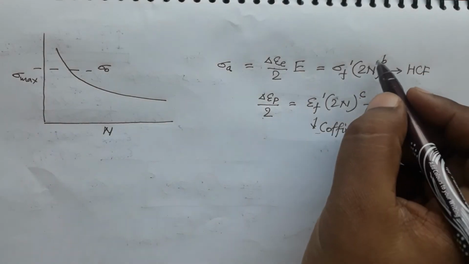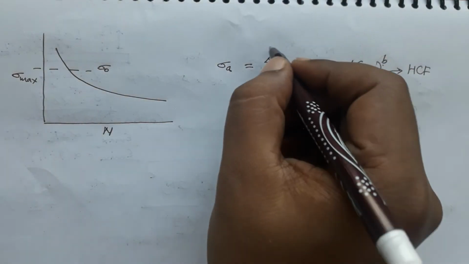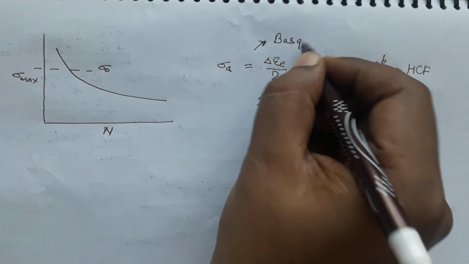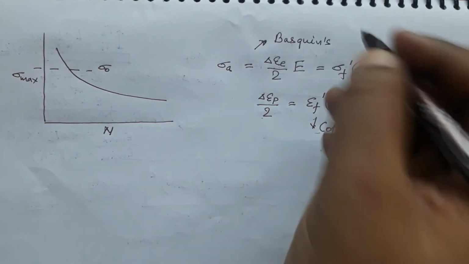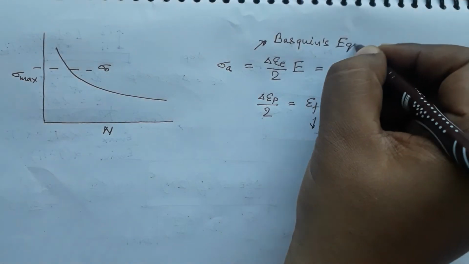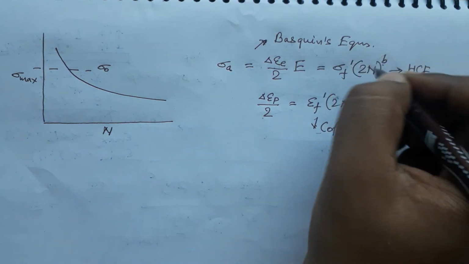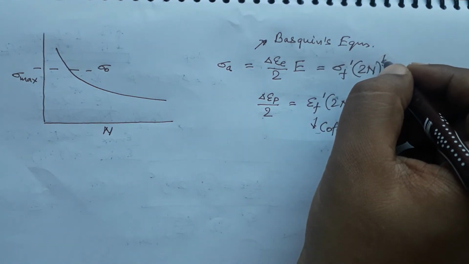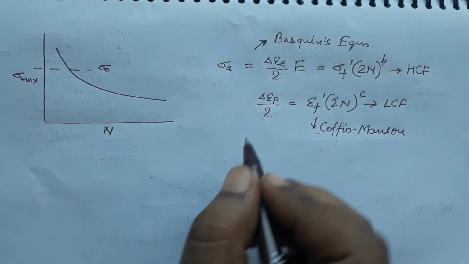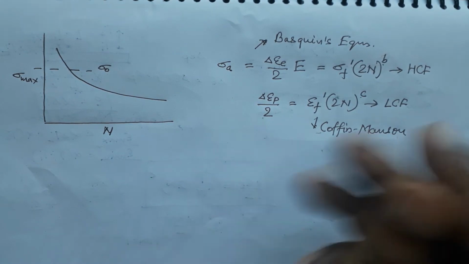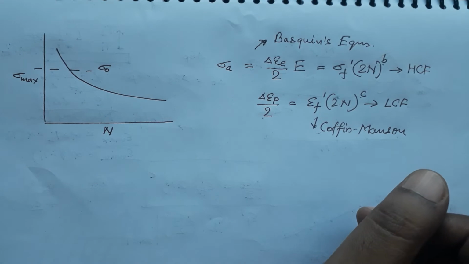The b is there because this equation was given by Basquin, and so this is called Basquin's equation, and therefore you have a power of b. I am not sure whether these symbols actually represent the inventors' names, but they are somehow in accordance with that.